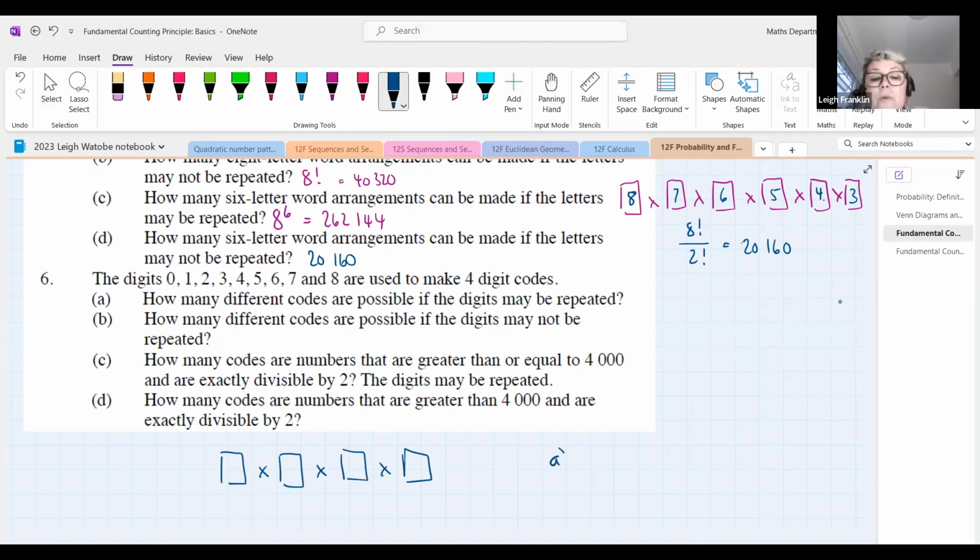How many different codes are possible if the digits may be repeated? That's it, 9 to the power of 4. So 9 ways that we can fill each block.